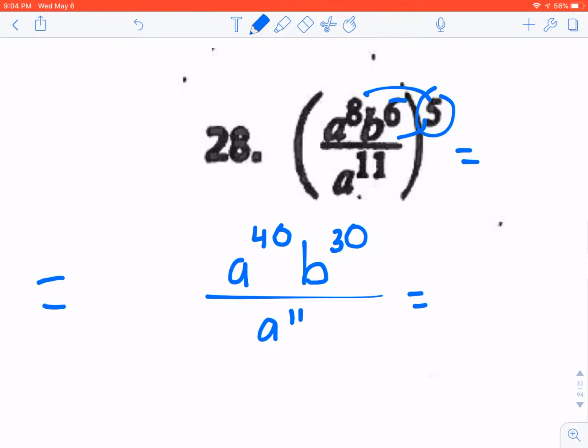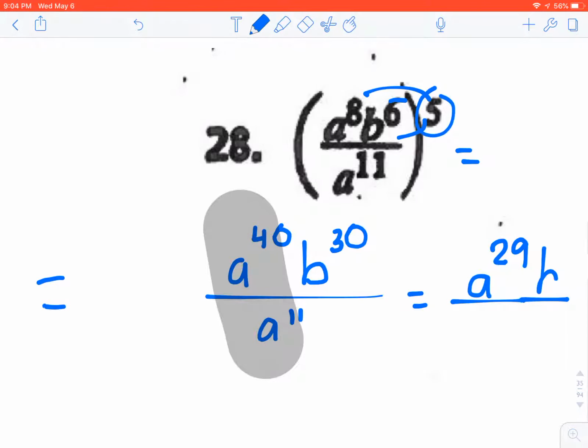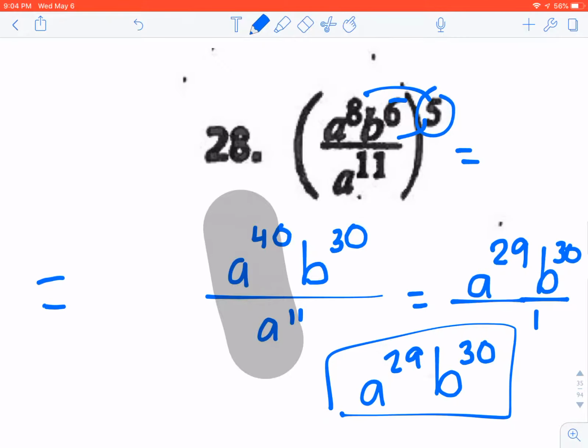So your next step is look at your bases that are the same. We have an a that's repeating, so we're going to subtract. You get a to the 29th. Leave your b to the 30th there. Since they're both on top, you don't need that 1 on the bottom. So I am going to rewrite that: a to the 29th, b to the 30th.